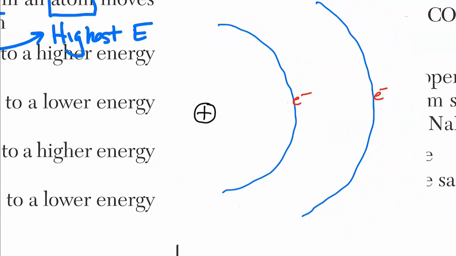Now we should know, based upon proximity, electrons closer to the positive. Remember, electrons are negative, protons are positive. And this one being closest, this means that this shell right here is going to have the lowest energy. So the lowest energy. And you should know lowest energy means stable.